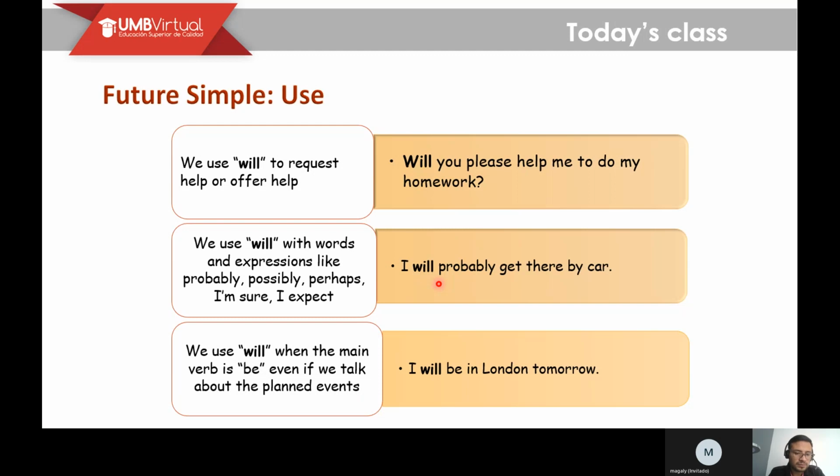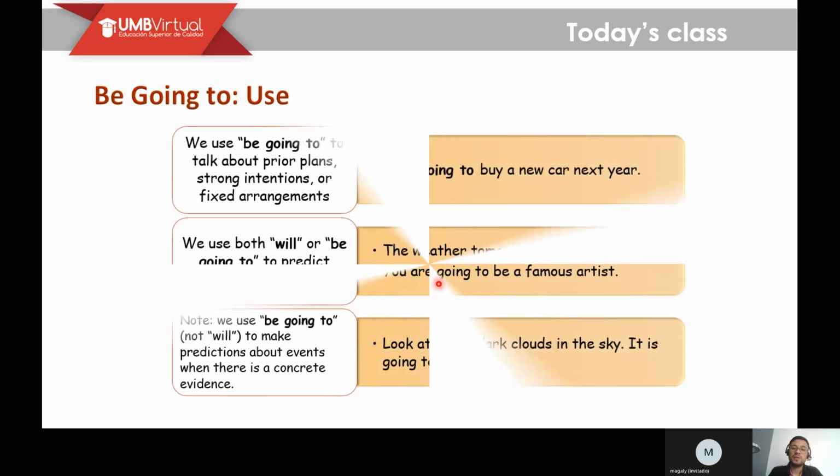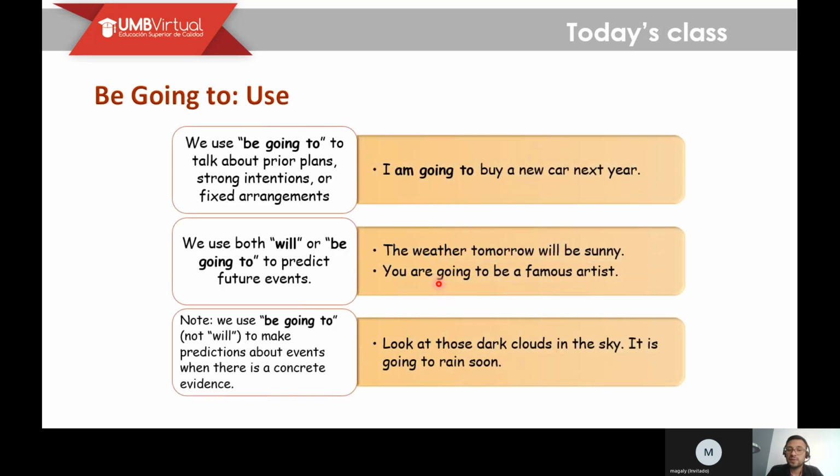We use will when the main verb is be, even if we talk about planned events. So for the next topic that we're going to see, be going to, we don't use it with the verb be. Now, we use be going to talk about prior plans, strong intentions or fixed arrangements.